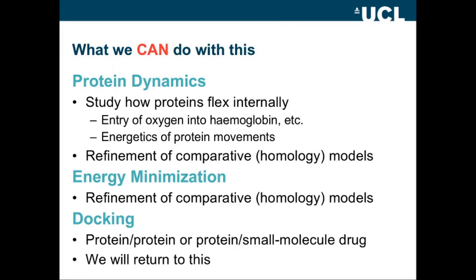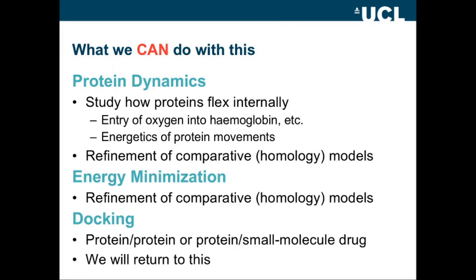Now that of course may involve replacing loops because they're of different lengths, and of course there are lots of side chains that will need replacing. So in that process the joins where we've spliced in a new loop, or the side chains that we've put in may clash and the geometry may be wrong. So we can use protein dynamics and energy minimization in order to resolve those problems.